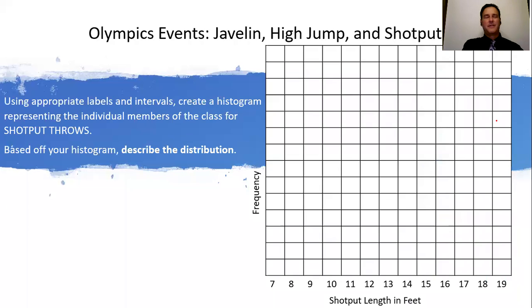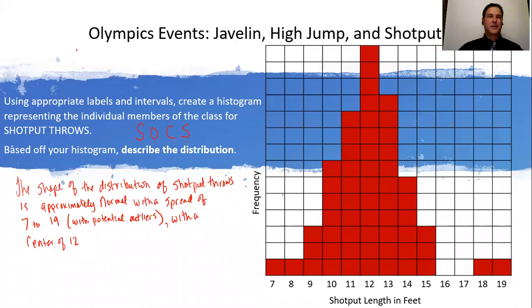Based off of those two items, I can create an outlier test, and I'm going to do that in the top left-hand corner. Q1 is 11 and Q3 is 13. So my interquartile range, which is Q3 minus Q1, is 13 minus 11, which is 2. What do we do with that? We always multiply it by 1.5.